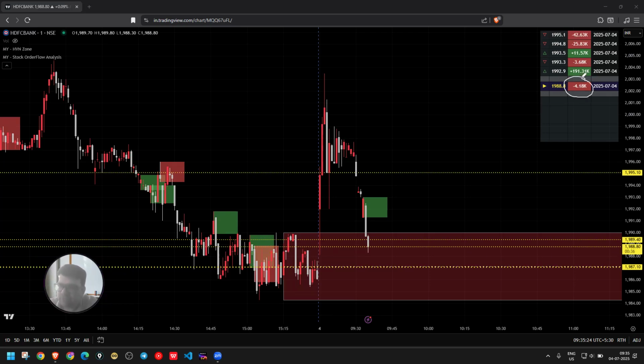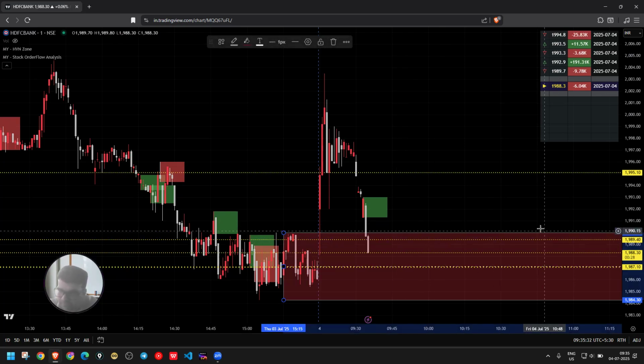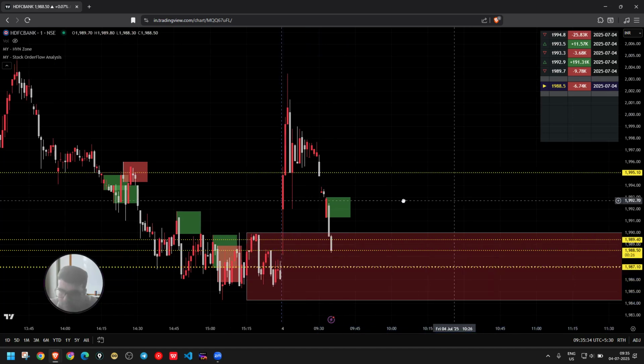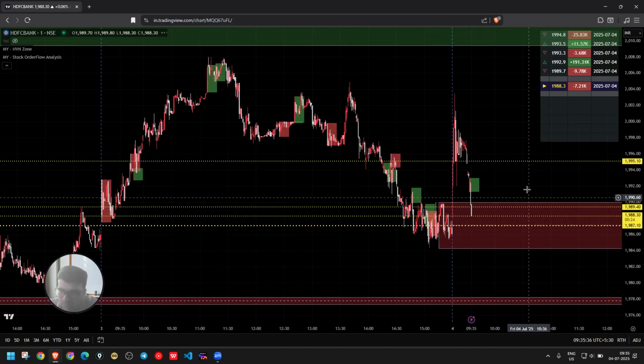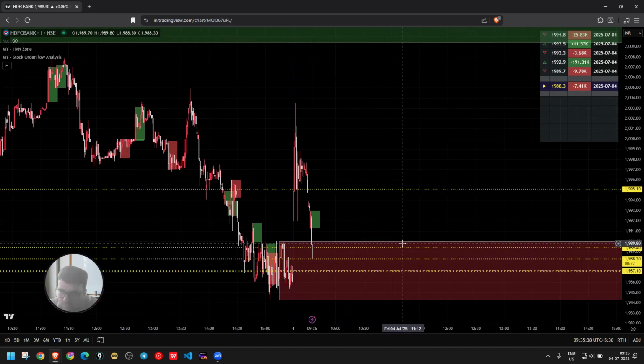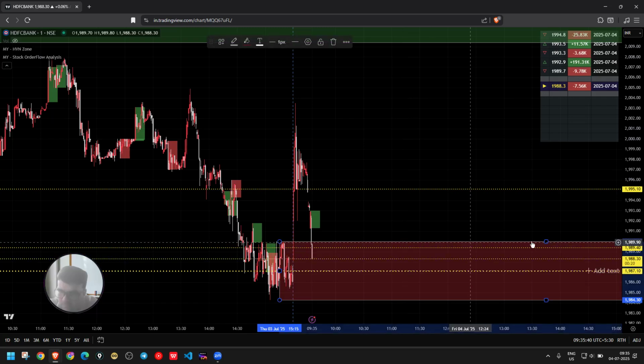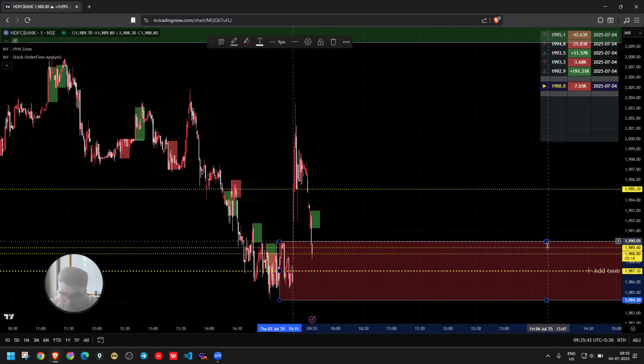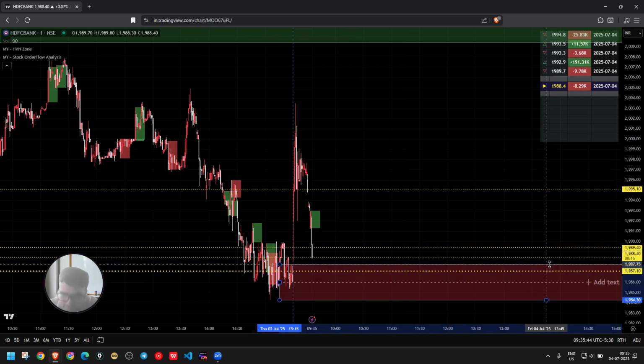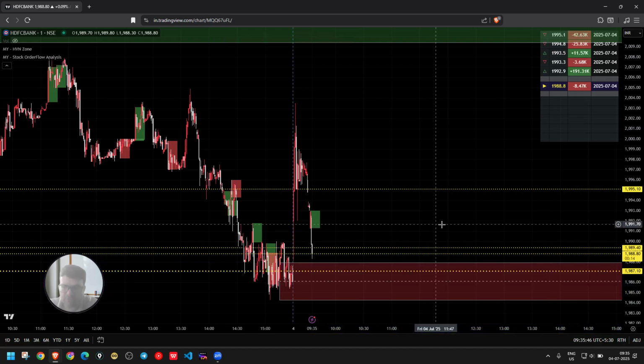And now I'm closely watching the delta. Do I see an increase in sellers? Visually, this was the zone.